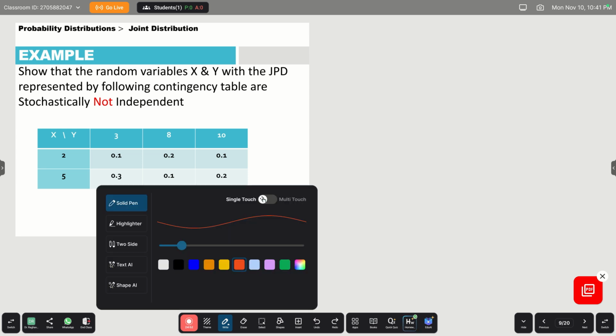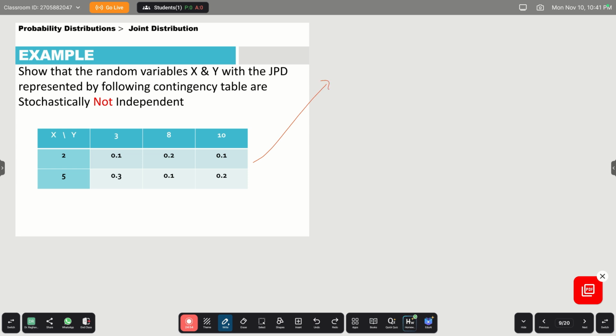First let's find the marginal distributions. X is taking the values 2 and 5, and Y is taking the values 3, 8 and 10.